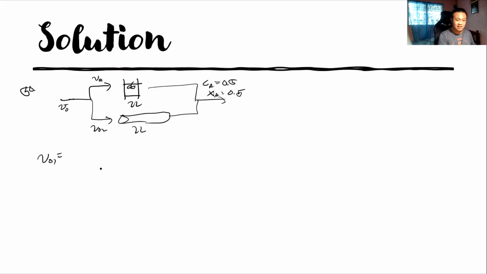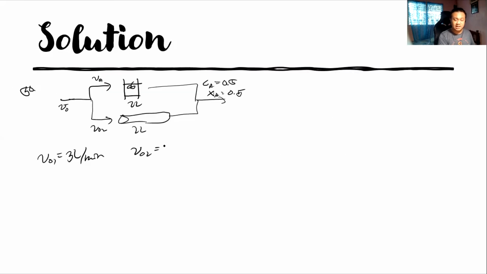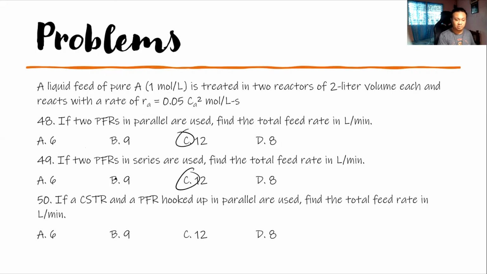And for the PFR, the one from earlier is 0.1 liters per second, or 6 liters per minute. So we add that, you have 9 liters per minute. Simple. Letter B.